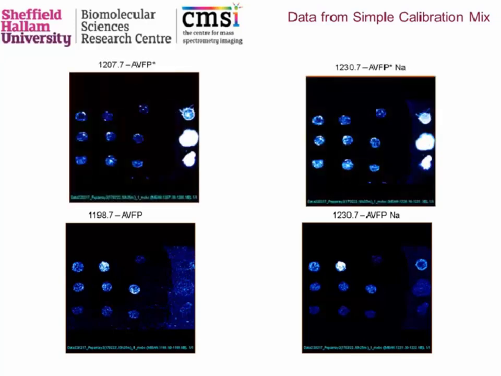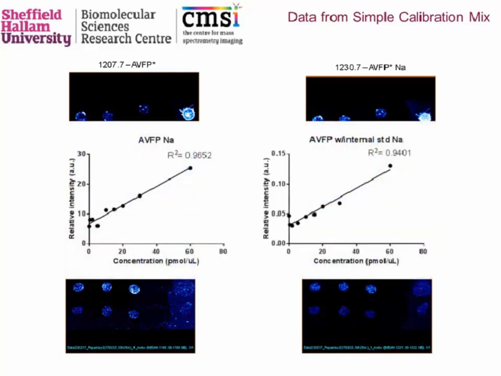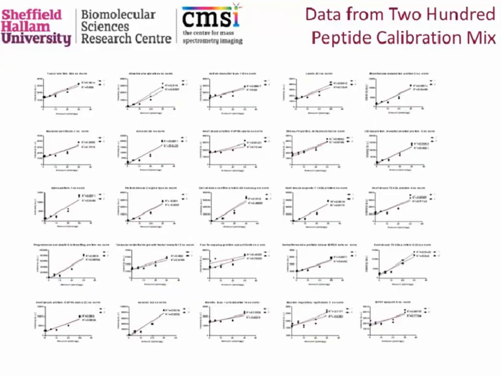And if we actually extract the data, we can see that the calibration doesn't look too bad when you consider the complexity of the experiment that we've done to get to there. From the 200 peptide mix, we were actually able to generate decent calibration data for 26 prototypic peptides, so for 26 proteins in one experiment.